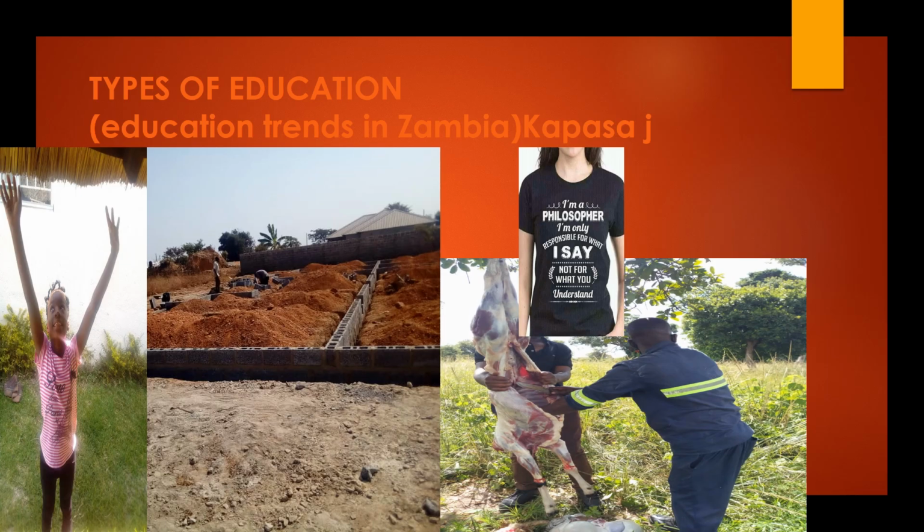And you expect that even the quality of materials or education standards could not be the same in the two systems of education. So that is probably what characterizes that type of education.